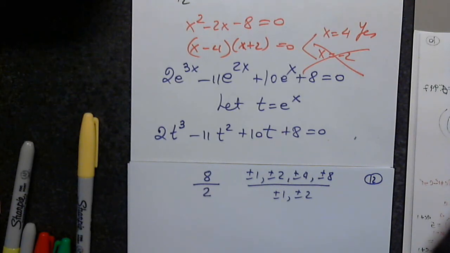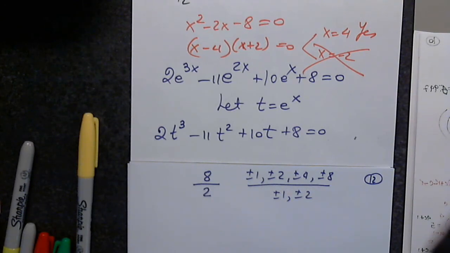So I will put this in the graphing calculator in y equals and see. So I have 2x cubed, and then minus 11x squared. Oh, of course, I always do that with the software.